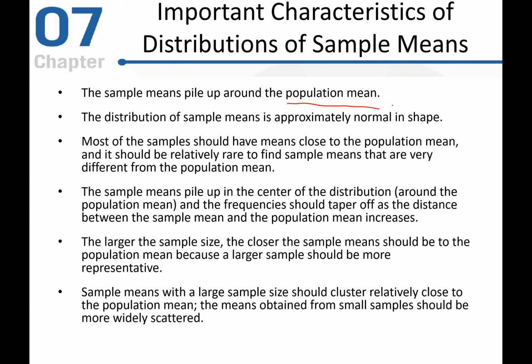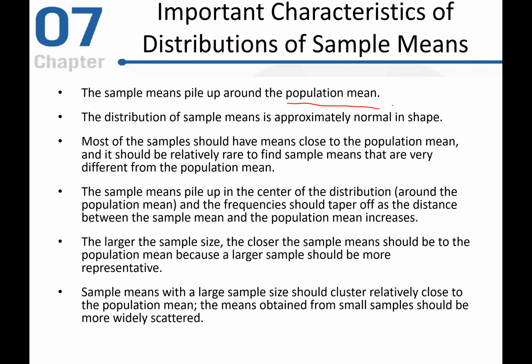So because I have this very large sample size, it is more likely to accurately reflect the parameters of the population it came from. I'm using more and more of the population that the sample comes from. So the larger the sample, the more closely it's going to approximate the population.